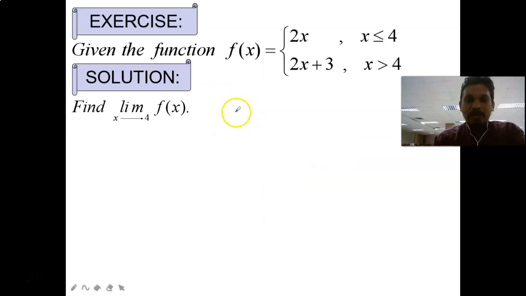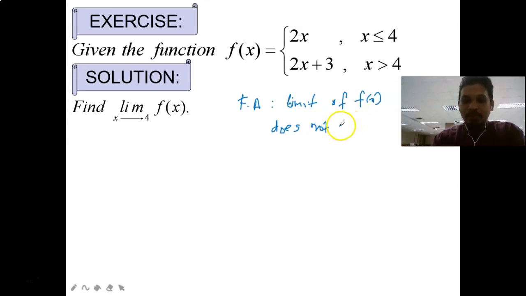The final answer is that the limit does not exist. Sorry for the terrible handwriting there.